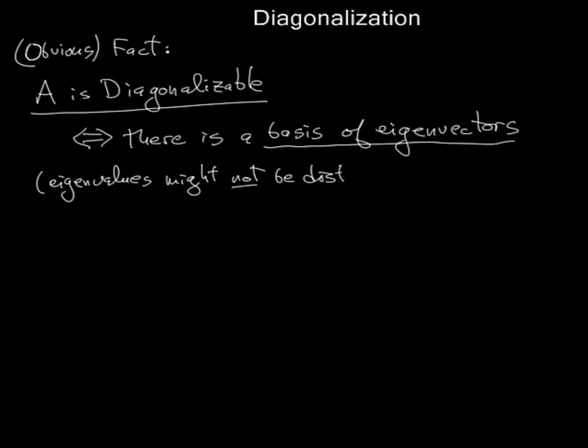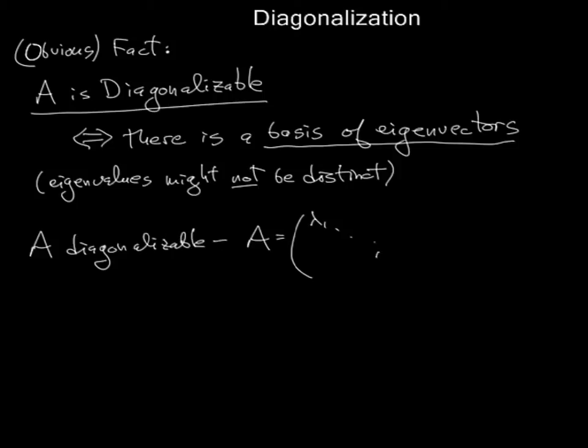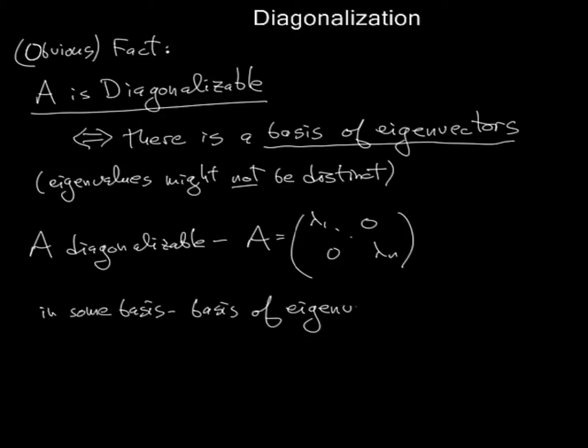I'm not addressing that issue. And I say this is an obvious fact. Why? Well, because it is obvious. What does it mean to say that A is diagonalizable? Well, it says that in some basis you can put it in this form, and, well, that basis is exactly the basis of eigenvectors.